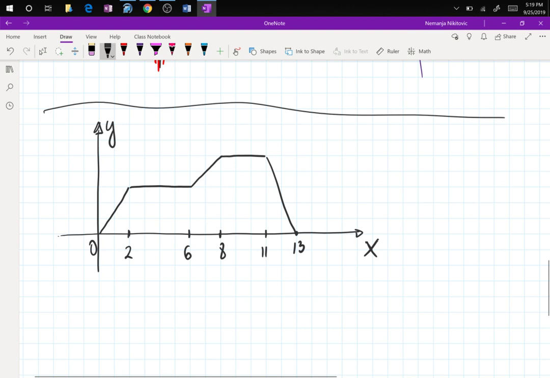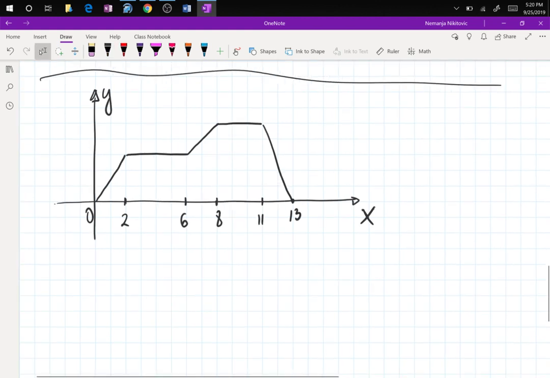Now, if the derivative is going to be positive, we can also calculate this derivative because I drew 3 squares up and 2 squares over. So we know the slope. The slope is 3/2. If the slope is 3/2, that means that our derivative over here is at 3/2, which is 1.5.